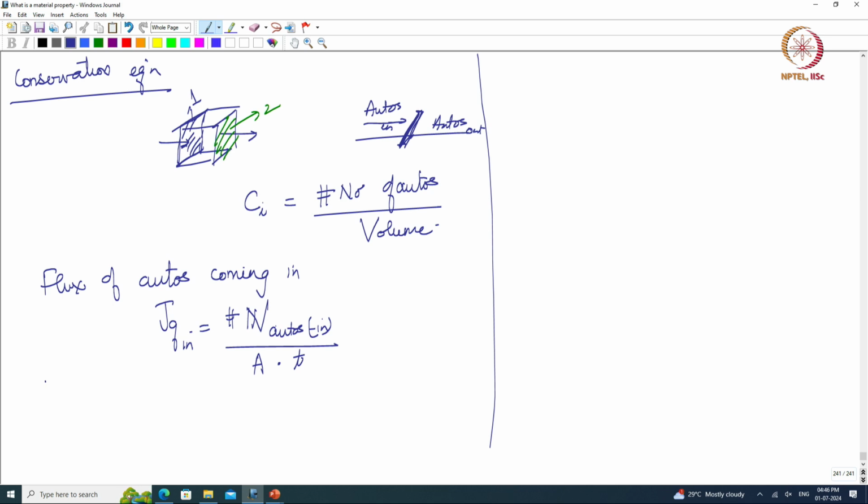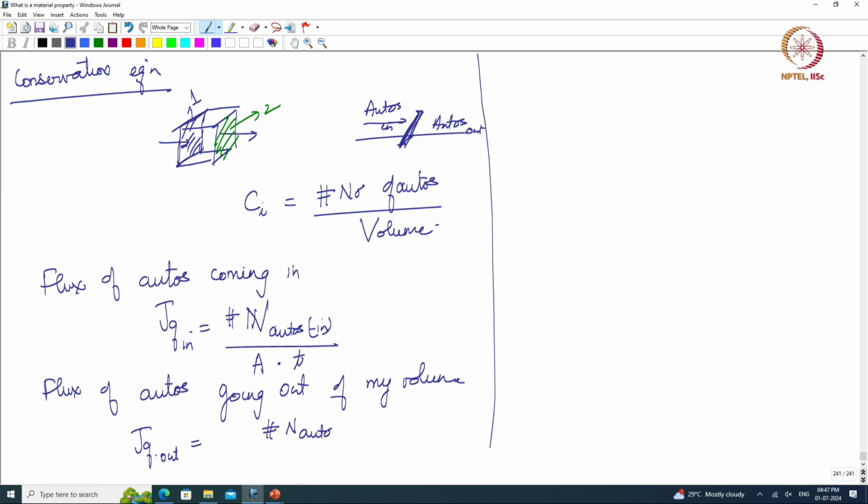Okay. Then the flux of autos going out of my volume will be equal to J out, that is the number of autos that are going out through face 2.